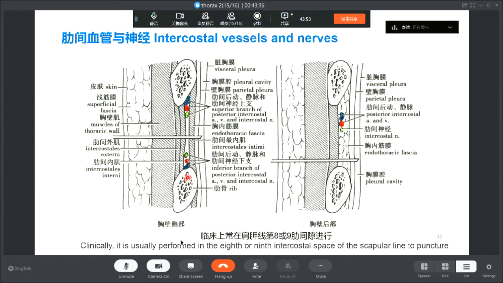From the lower to the upper part, the regular order is also vein, artery, and nerve. So when you use the needle to get into the pleural cavity, be careful.